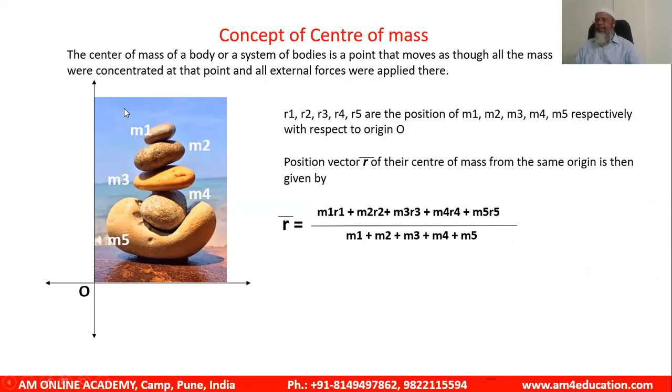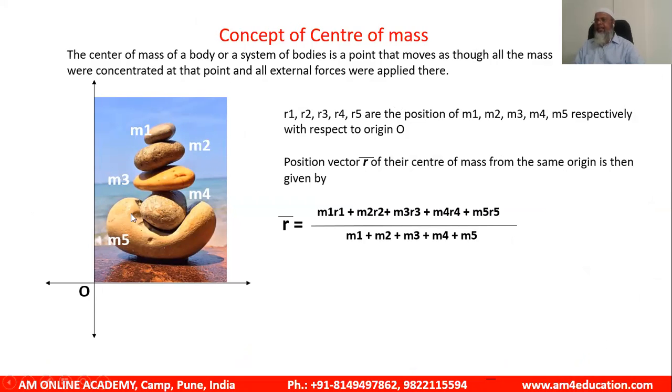Now here we are considering these 5 different stones of masses M1, M2, M3, M4 and M5. We will consider all the 5 stones as one system of a body.